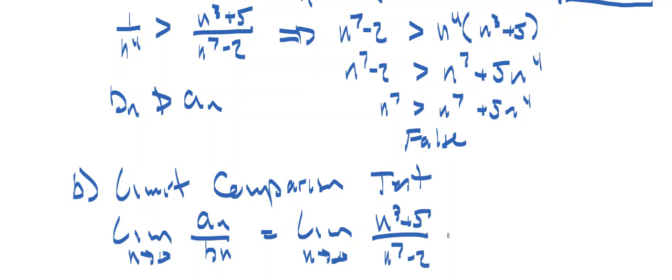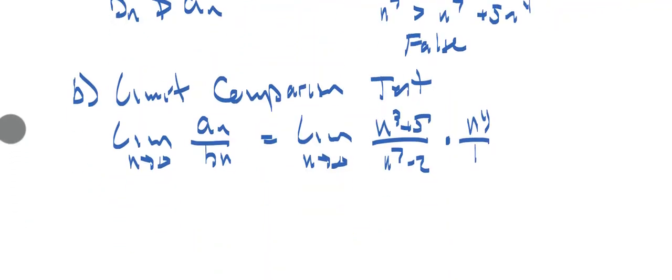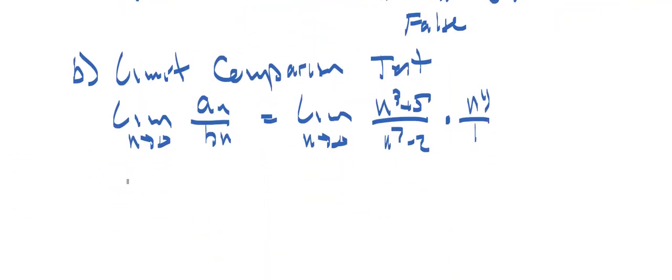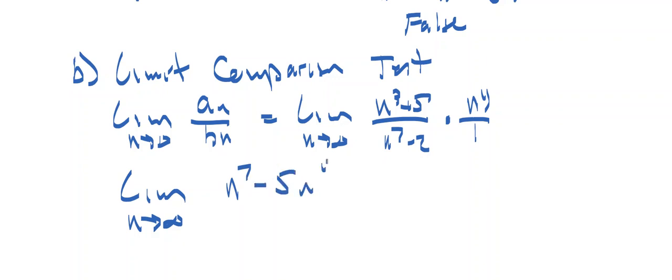Instead of dividing by b sub n, I'm going to multiply by the reciprocal, which would be n to the 4th over 1. And so that becomes the limit as n approaches infinity of n to the 7th plus 5n to the 4th over n to the 7th minus 2.